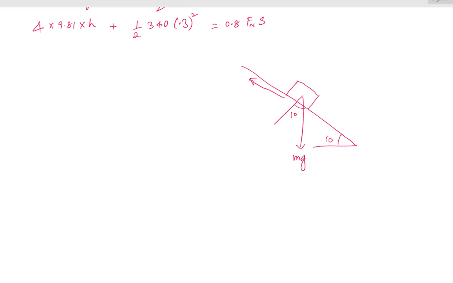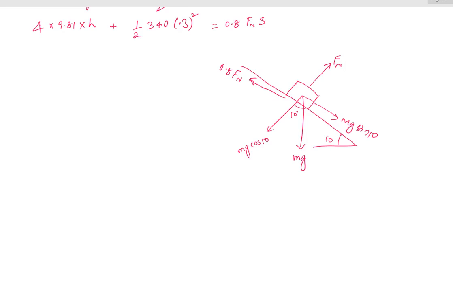This also is going to be 10 degrees, so this will be mg cosine 10, and this will be mg sine 10 degrees, and then the reaction force Fn is going to be like that, and the friction will be 0.8 times Fn. So I think we have everything.